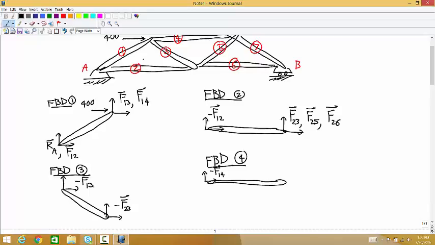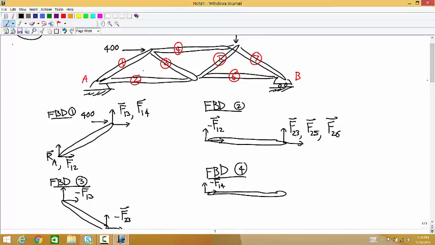Yeah. Because if you think of that joint in the middle at the bottom from the side, you have member 2, member 3, member 5, and member 6 with a pin going through all of them.